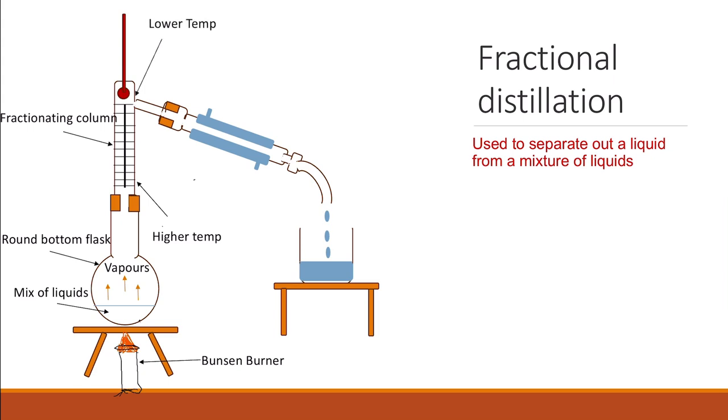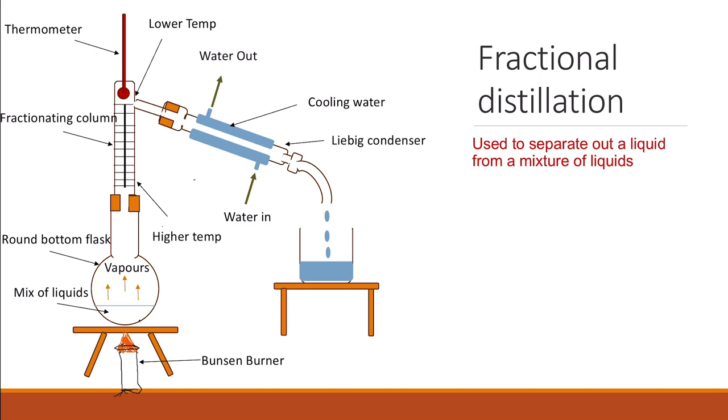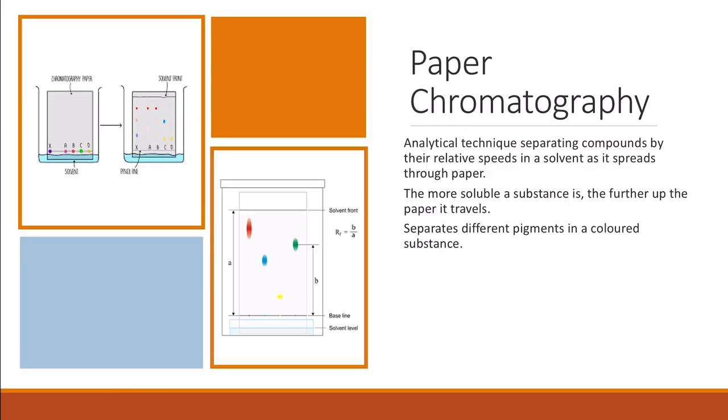The liquid which has the lower boiling point will reach the top of the fractionating column as a gas or vapors, and it will move through the Liebig condenser, which has cooling water as well, and it will condense. So only the condensing liquid which has the lower boiling point will be collected first.